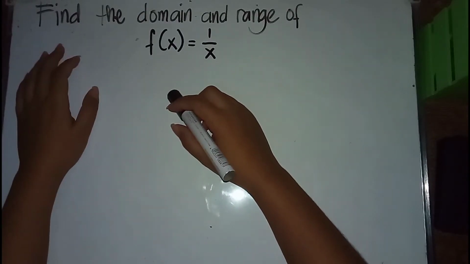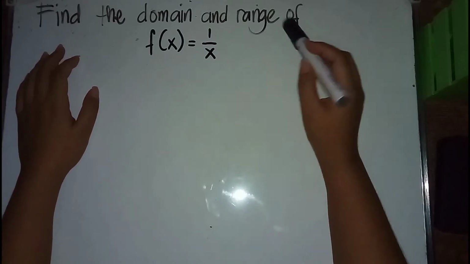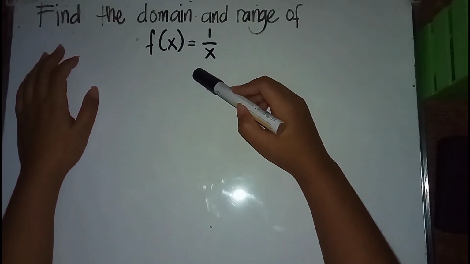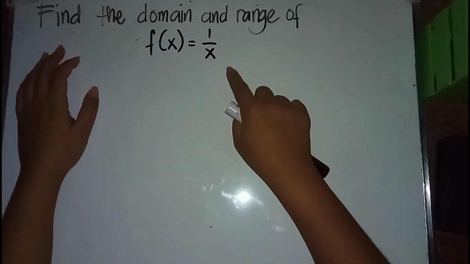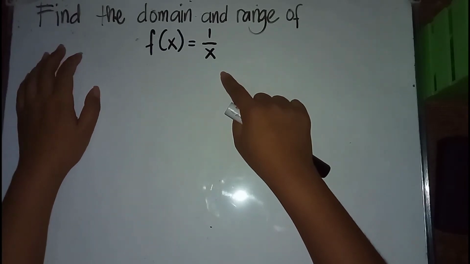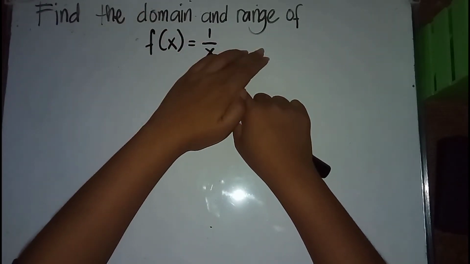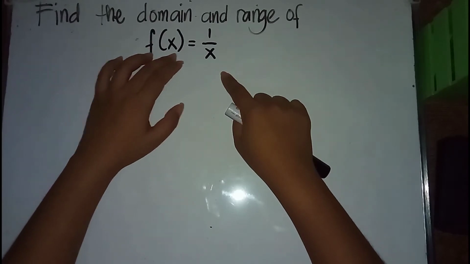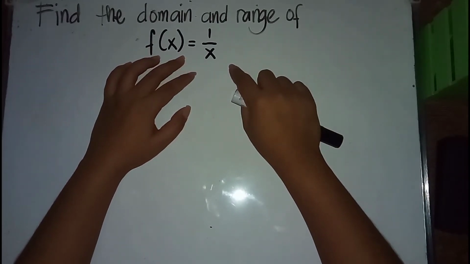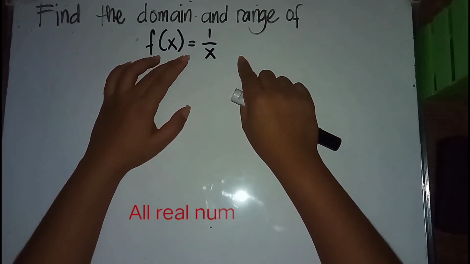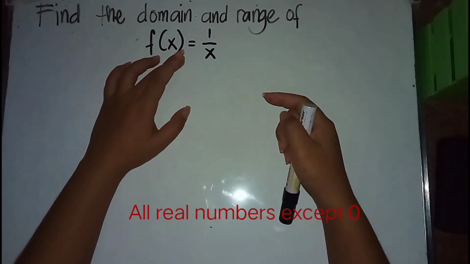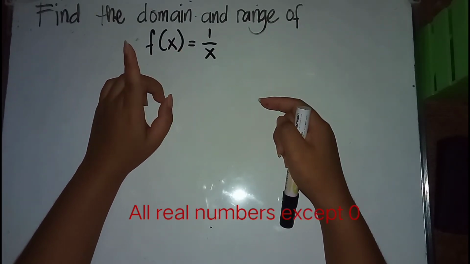Okay, so we will find the domain and the range of f of x is equal to 1 all over x. The domain and the range of f of x is equal to 1 all over x is all real numbers except 0. Why 0?